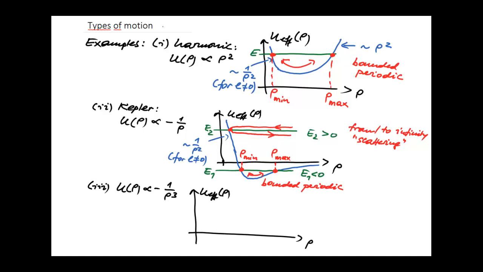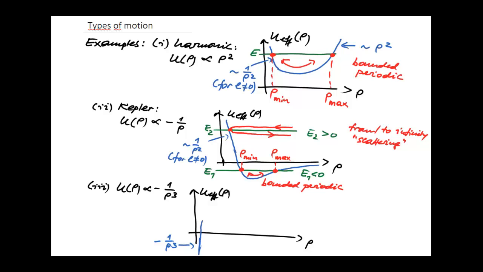In that case, at small distances, the minus 1 over rho cubed, so the true potential, dominates over the 1 over rho squared of the centrifugal term. So we have the minus 1 over rho cubed dominating at small distances, and then at large distances it's the centrifugal term that dominates.